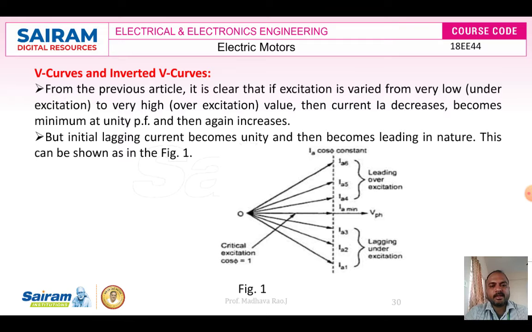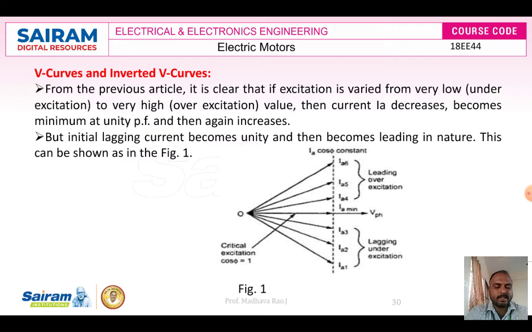Here excitation varied from very low is called under excitation, and excitation varied to high is called over excitation. Then the current IA decreases, because it is minimum at unity power factor, and then it increases again. When the motor is over excited, the value of the current IA is decreased and the power factor will be increased.